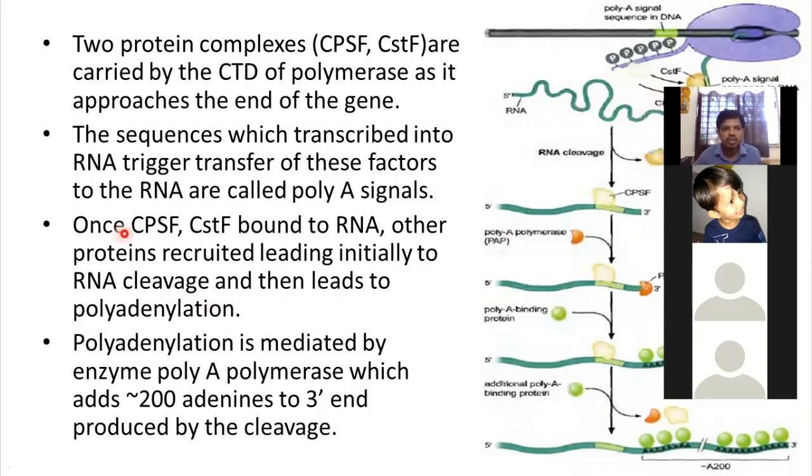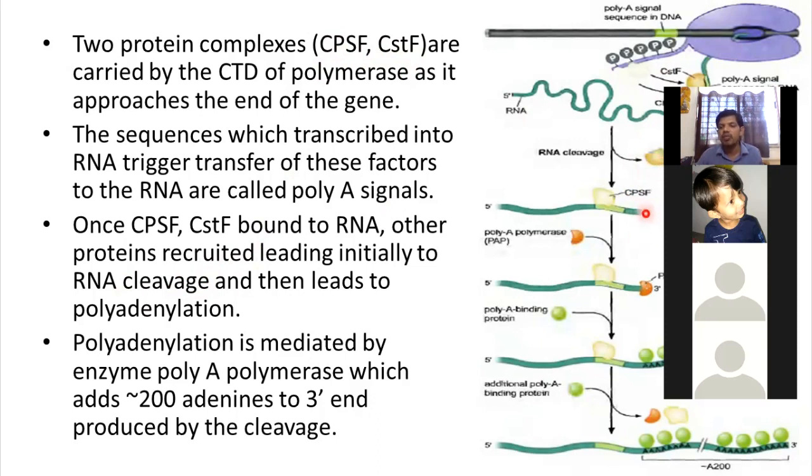Now, once CPSF and CSTF are bound to RNA, other proteins are recruited, leading initially to RNA cleavage and then to polyadenylation. Now, these two factors are responsible for what? For RNA cleavage, meaning the RNA should be cleaved or separated from this RNA polymerase.